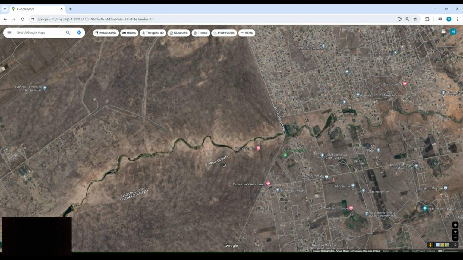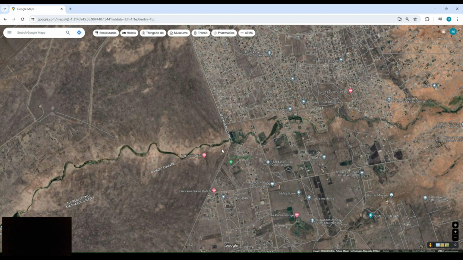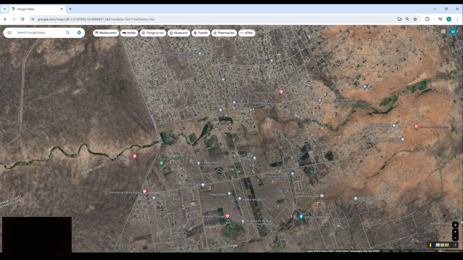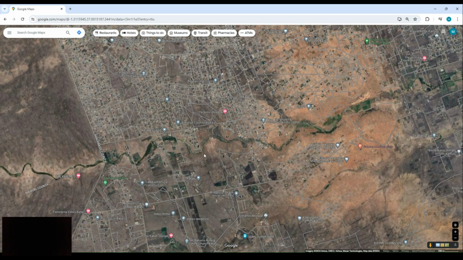Now, as soon as we get into Machakos County and out of the airport side, you can see now we start getting a little bit of homesteads, and this is ideally the Utawala area. And so we witnessed a little bit of flooding in the Utawala area.